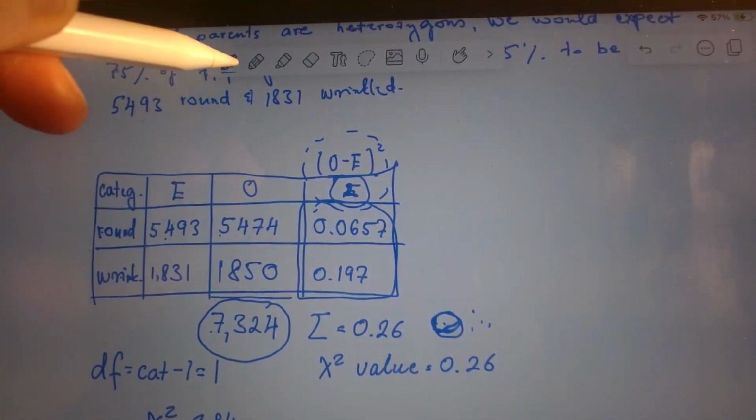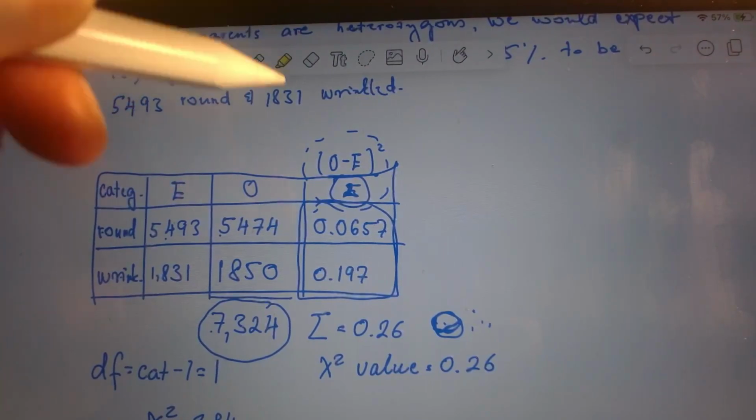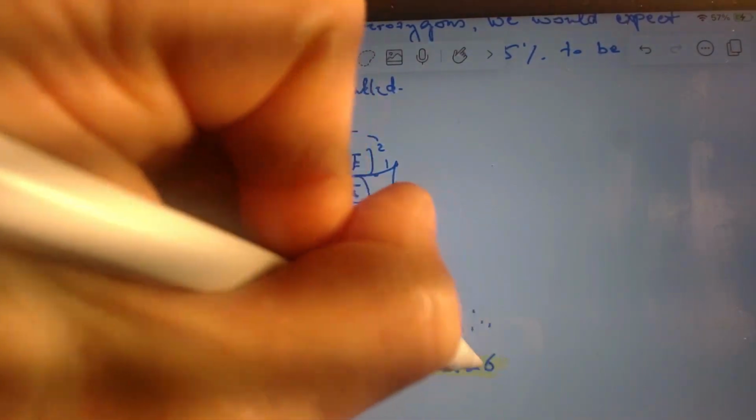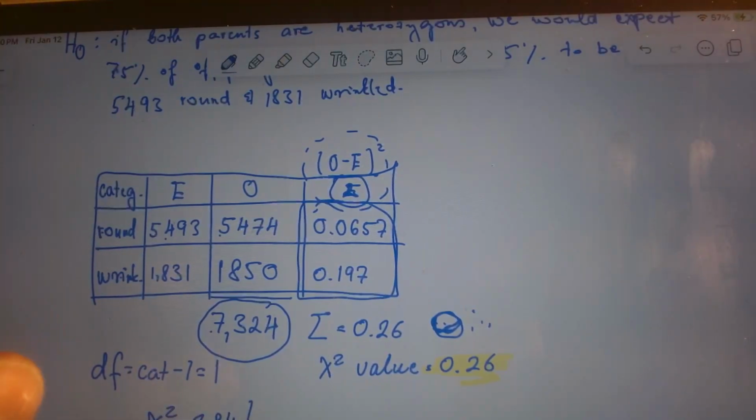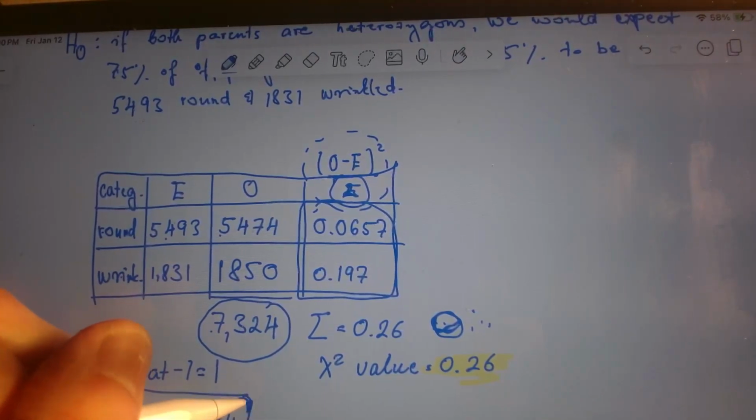Now my value is way less than the threshold value. So my chi-square value is lower than the table given value.